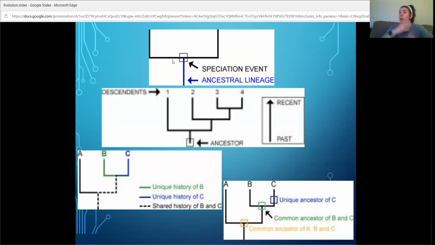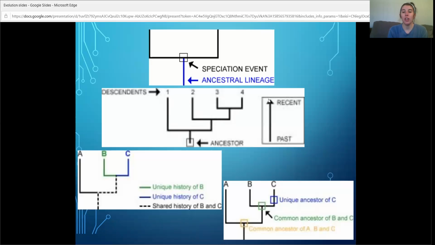And that happens over a long period of time, okay? So we see down here, we've got a common ancestor. Here's a speciation event. One organism went this way, the other one went this way. Now there's another speciation event, and it branched into two new ones. Here's another speciation event, and we've got two new ones.